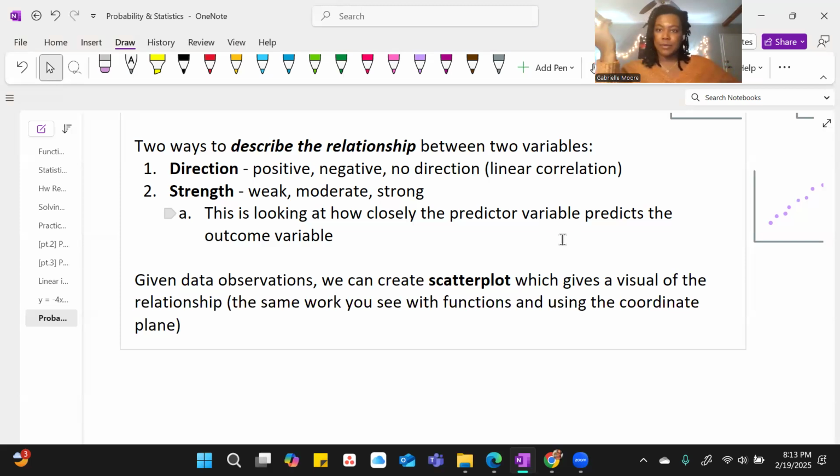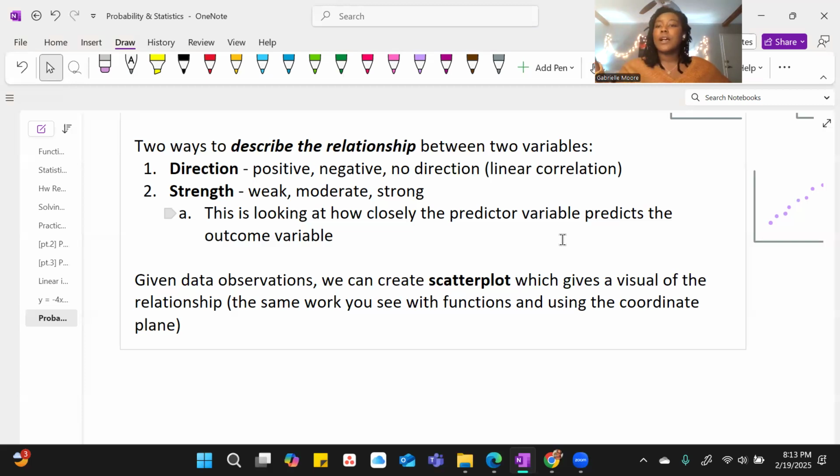An example of a weak relationship could be your education level and how much you travel. That could be a weak or even moderate relationship, because does your education level guarantee how often you travel? Probably not, right?